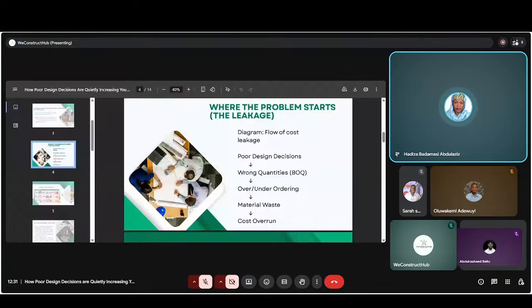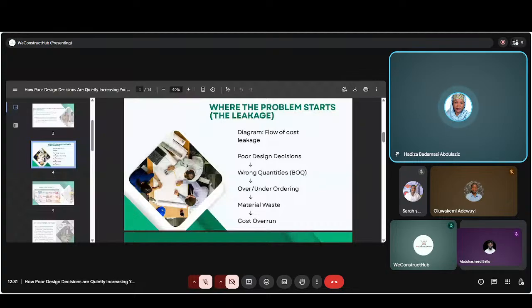So that is very important whenever you are bringing out your design. So, wrong quantity, wrong BOQ. If the design is flawed, the bill of quantity will also be inaccurate. You either underestimate or overestimate what is needed. Then wrong quantity leads to poor procurement decisions.